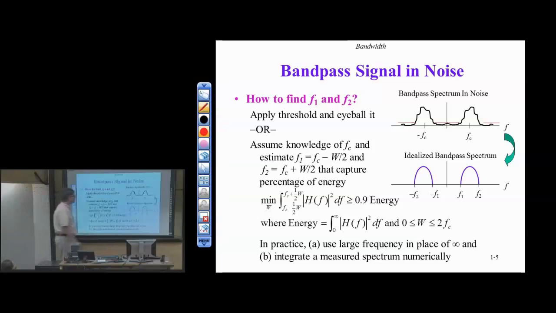So if I use the red point as my threshold, and then interpret the magnitude in the Fourier domain, anything less than this threshold, again, we're just going to approximate as 0. And this gives us an ideal bandpass spectrum. So if I have to eyeball what F1 is, I suppose it's right about there, and F2 is probably right about there.